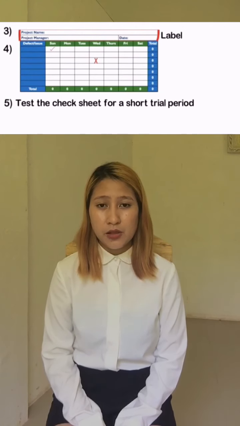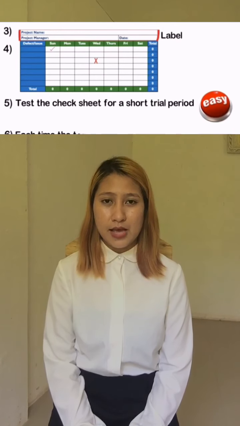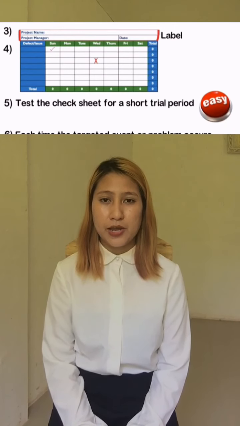Fourth, label all spaces on the form. Fifth, test the check sheet for a short trial period to be sure it collects the appropriate data and is easy to use. Sixth, each time the target event or problem occurs, record that on the check sheet.